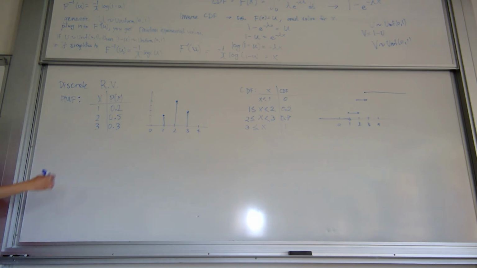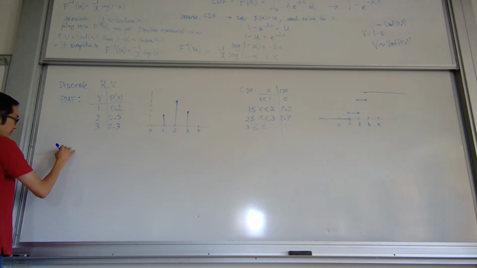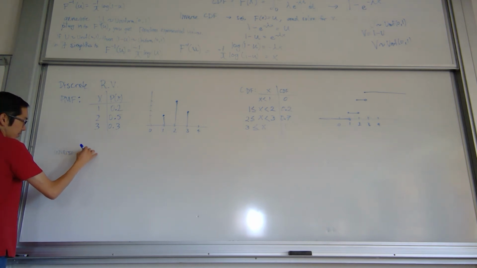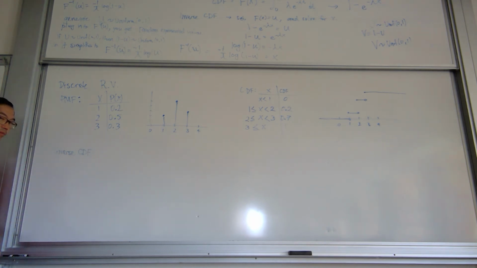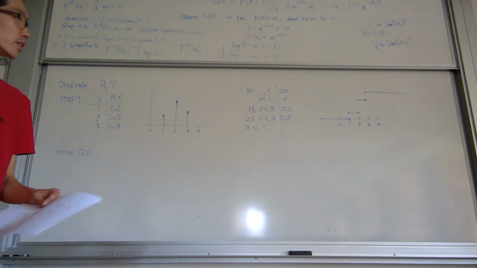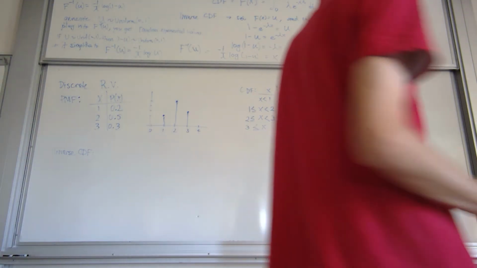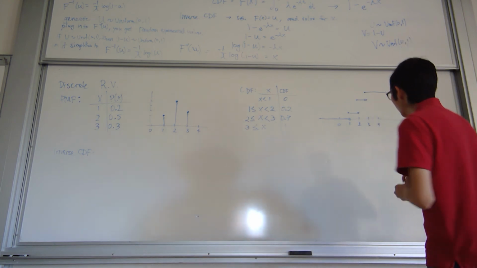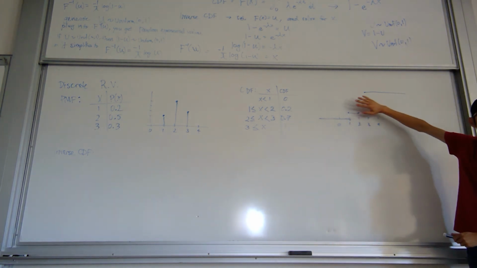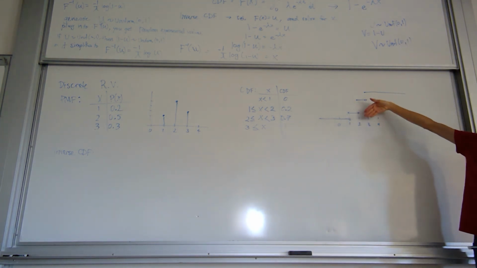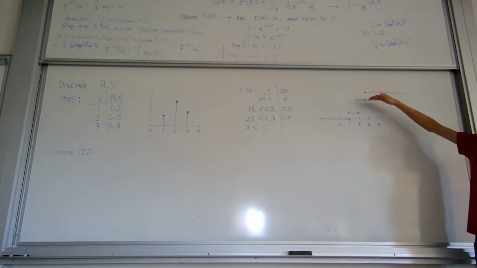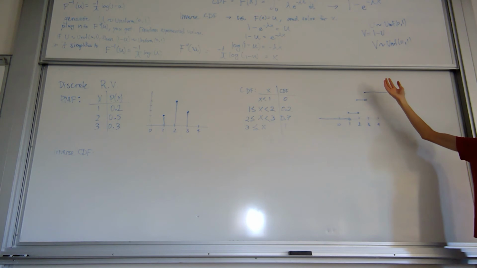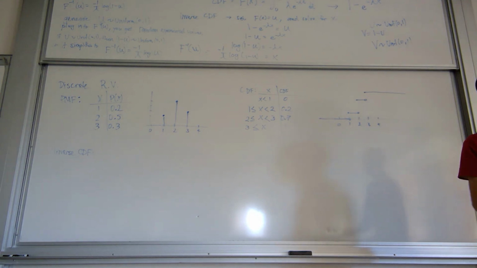Okay, so what is the inverse CDF? The problem with the inverse CDF is that if I take this and I flip it along the axis y equals x, these horizontal lines become vertical lines, which is a big no-no in functions, right?